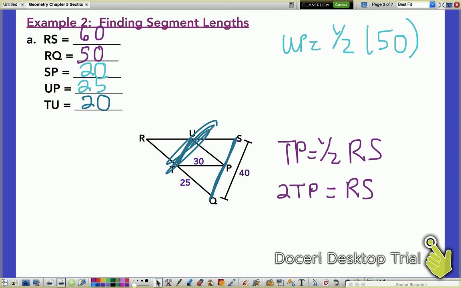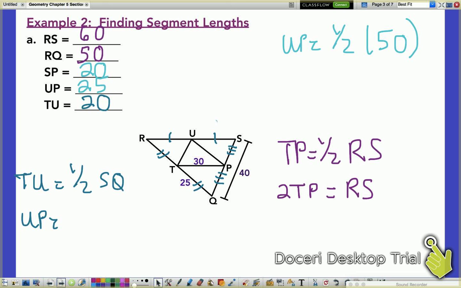So just for reference, RU would be congruent to US, RT would be congruent to TQ, SP would be congruent to PQ. Okay, TU would be half of SQ, because that's the midsegment to the base.